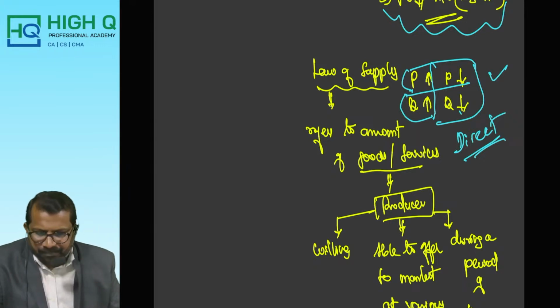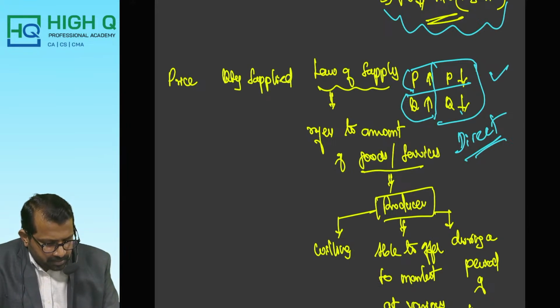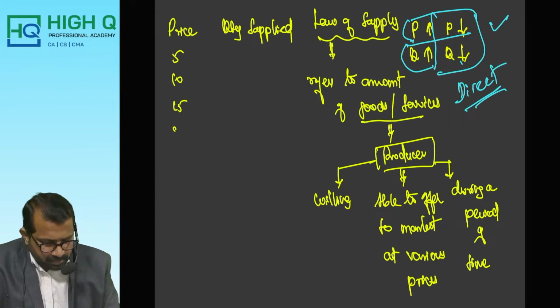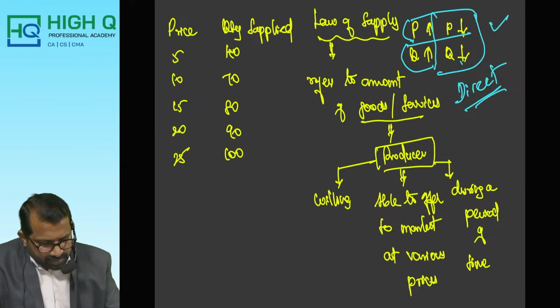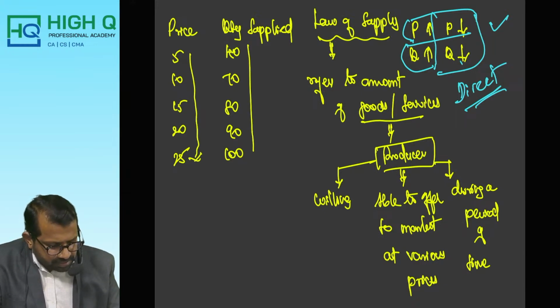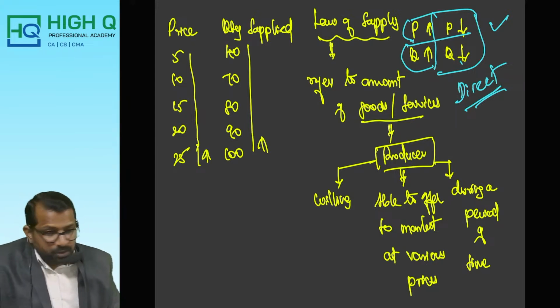For supply: price, quantity supplied. Now just see here, when price started to increase, quantity supplied also started to increase.